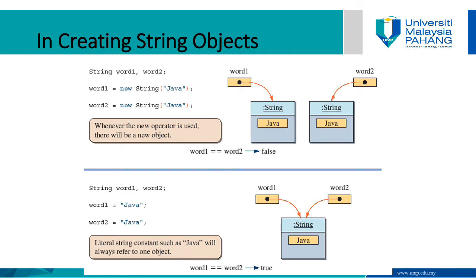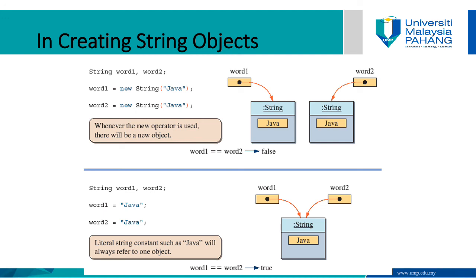In order to use the same name, you just refer to one object, like in the second example here, word1 equal to Java, word2 equal to Java. This shows that literal string constants such as Java will always refer to one object.